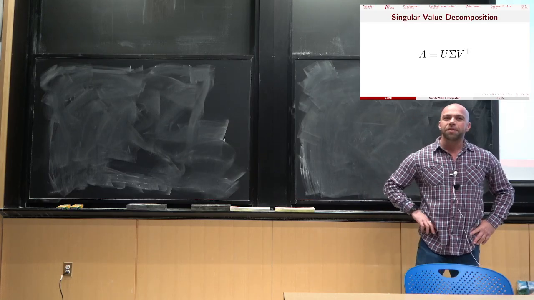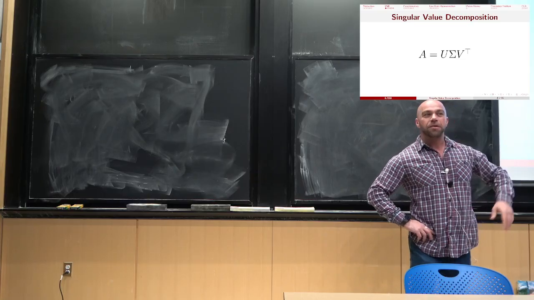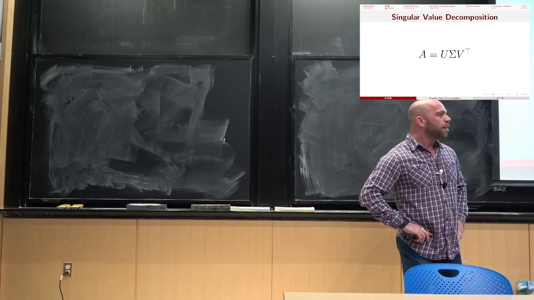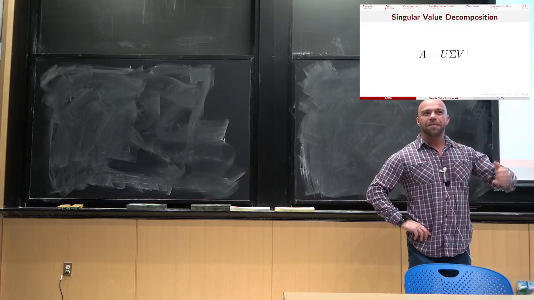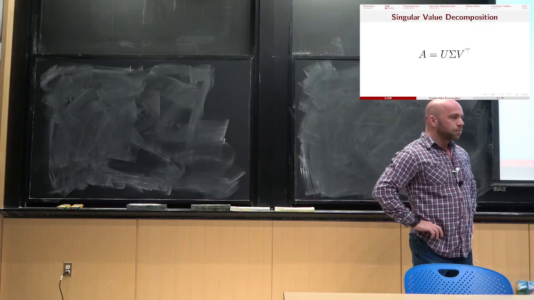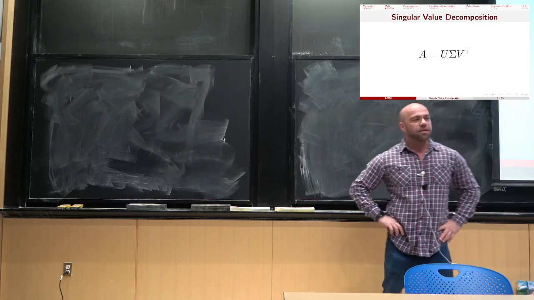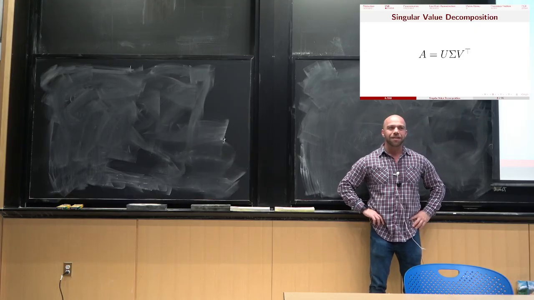In the most generic version of this, U and V are square orthogonal matrices, and sigma is a diagonal matrix, which might be singular, and moreover, is diagonal but not square. Only elements i comma i can be non-zero, but you might have to pad one way or the other to account for the fact that U and V are square. We also talked briefly about how you might slice off rows and columns of the U and the V to come up with an economical version.